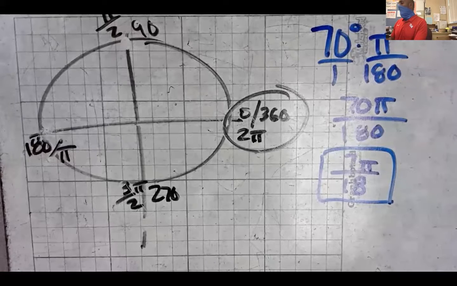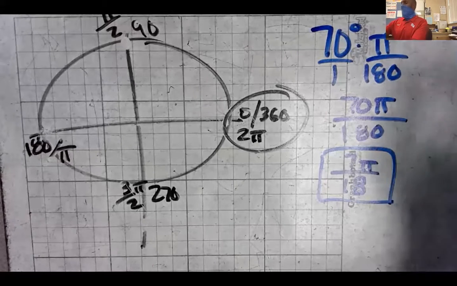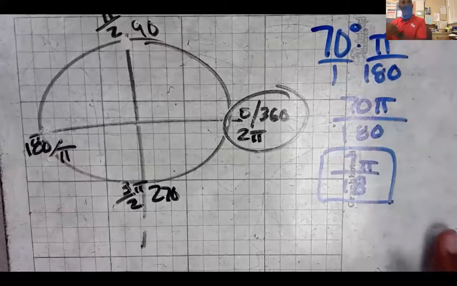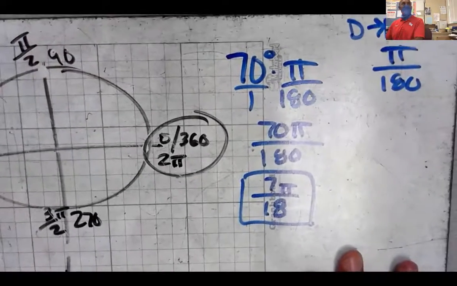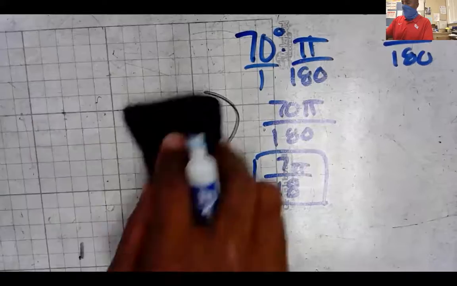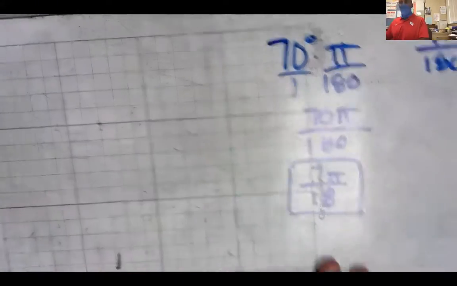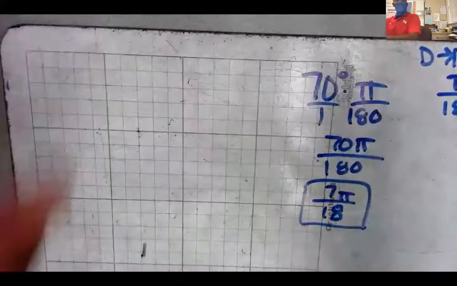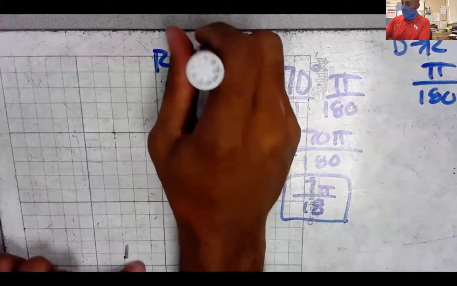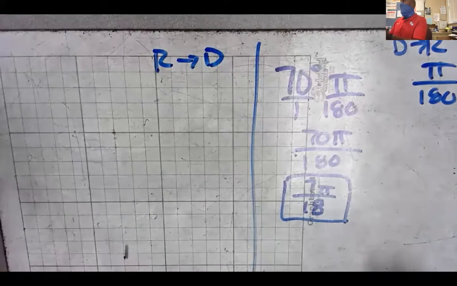Okay. Now, if I want to go the other way, so that again, that's if I'm going from degrees to radians, D to R. All right, let me erase this since you already got that idea now. Zoom out just a little bit here. Now, let's say I'm going from radians to degrees. Well, it's the same idea.